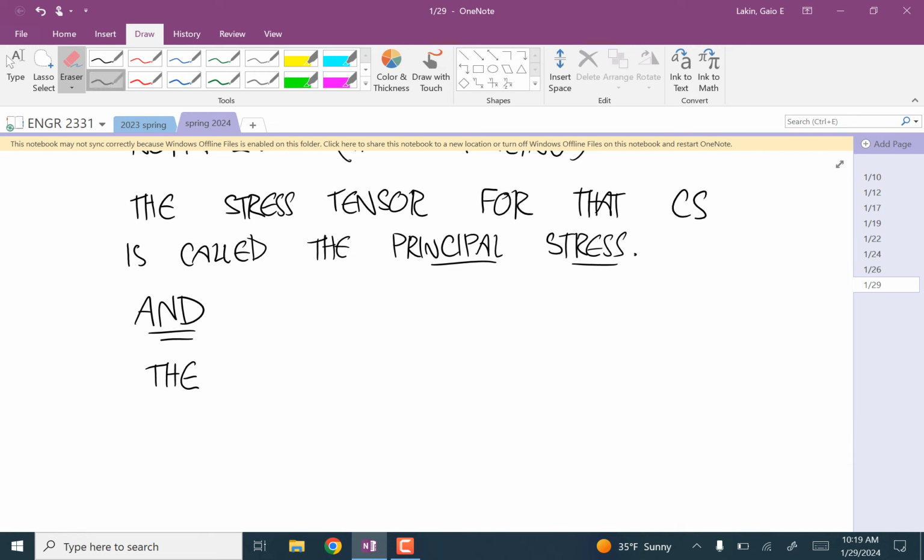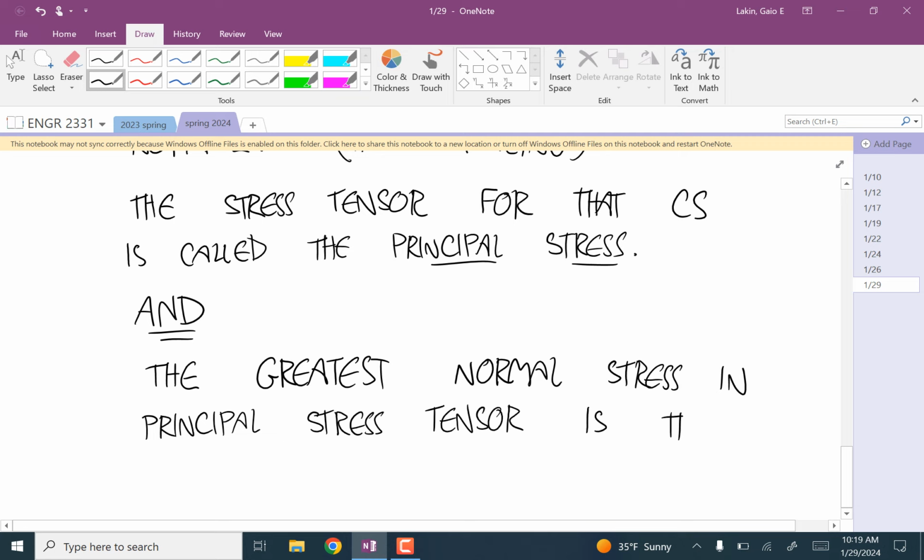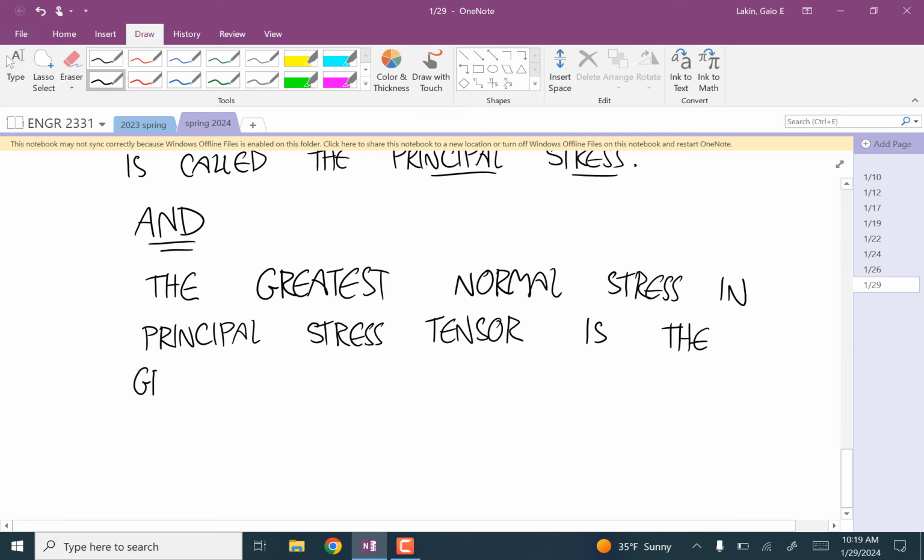The greatest normal stress in this principal stress tensor is the greatest you can find in any orientation of the coordinate system. So it's the greatest for any coordinate system orientation.